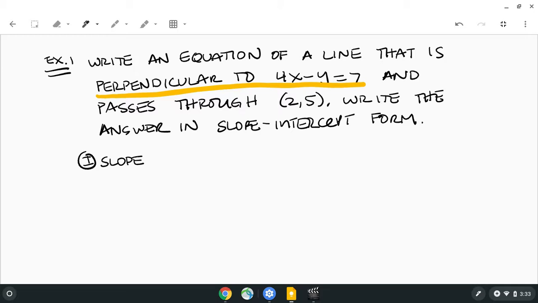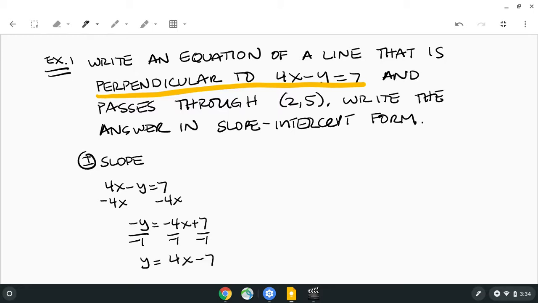Okay, so slope of 4x minus y equals 7. I need to get the y by itself, so I'm going to go ahead and subtract 4x. Don't forget that negative in front of the y. Divide everything by -1. So y equals 4x minus 7.